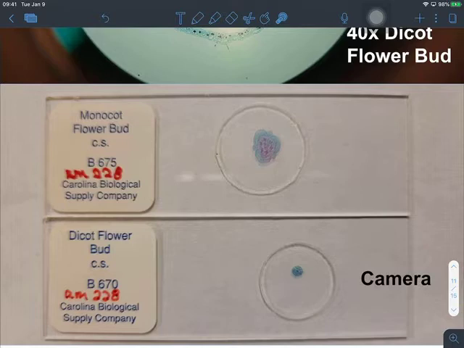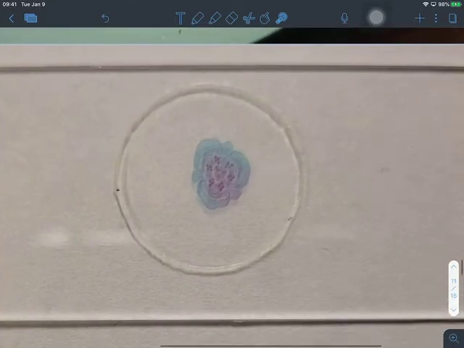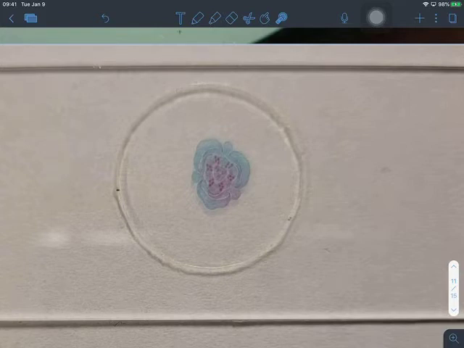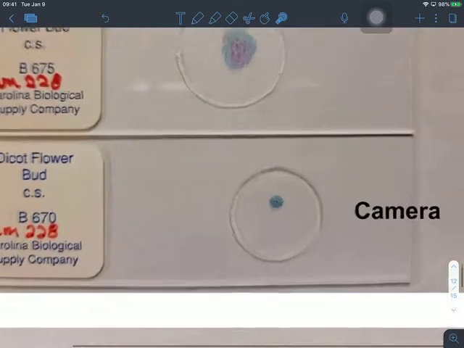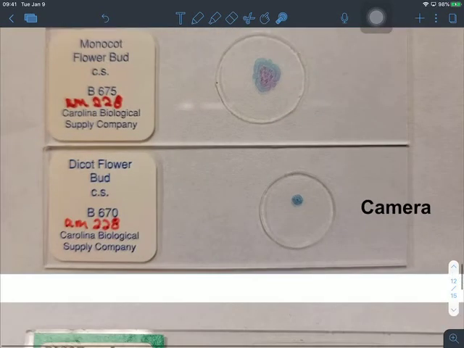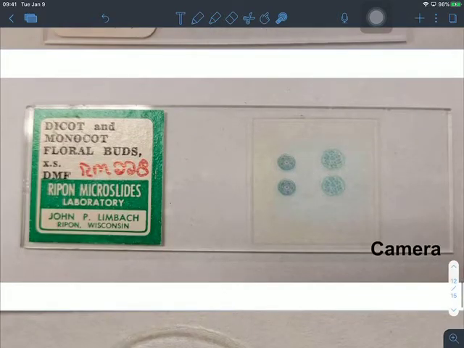Looking from a greater distance, you can again potentially see the sets of 3s or 6s, 1, 2, 3, 4, 5, 6 on that monocot. A little bit harder to see from this distance on the dicot flower bud.